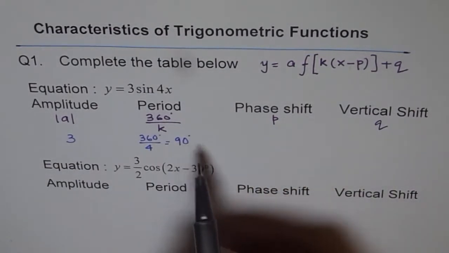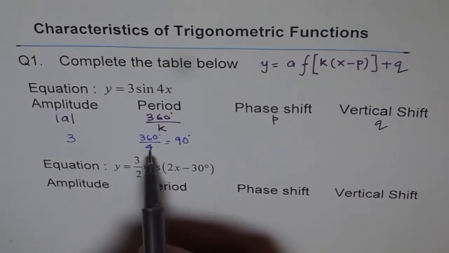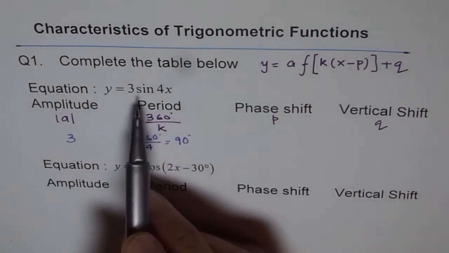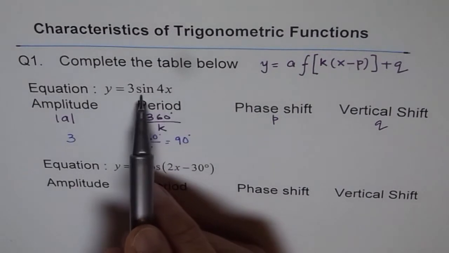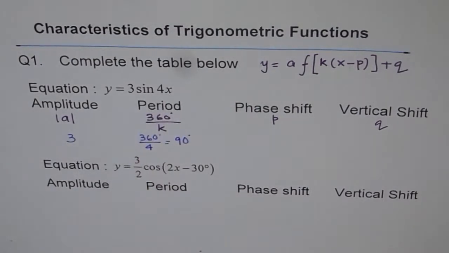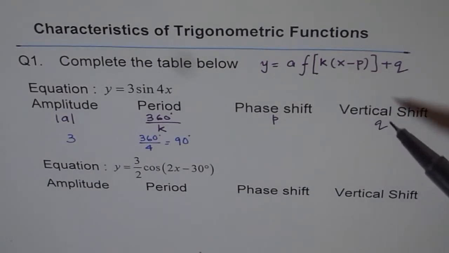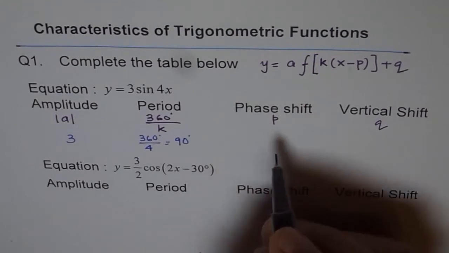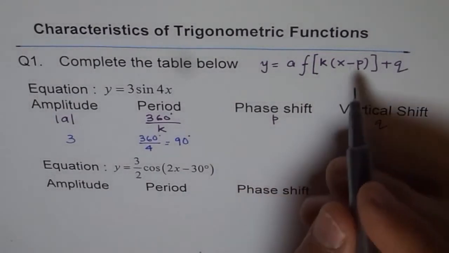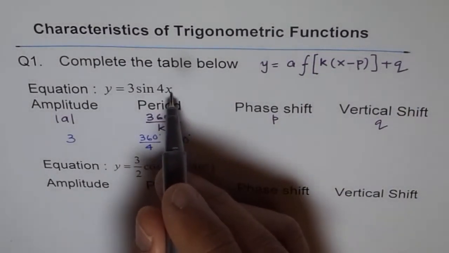That also means when we write 360 over 4, in 360 degrees we have 4 sinusoidal waves, right? That's how you get sine 4x. So that is what k reflects: the number of waves within a period of 360 degrees, one full circle. Phase shift is this value, which is 0 from here, right?